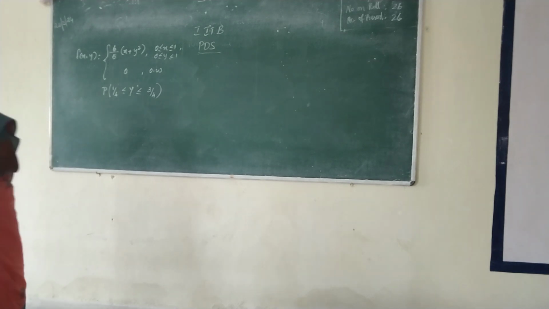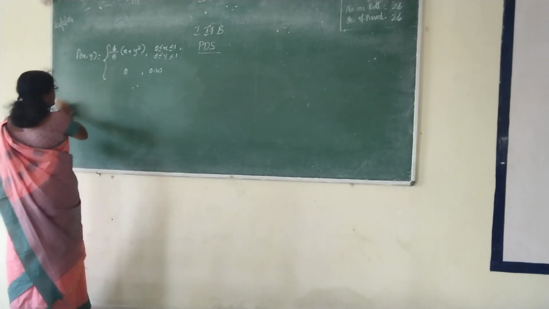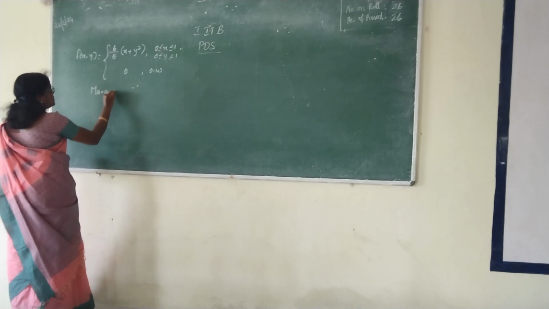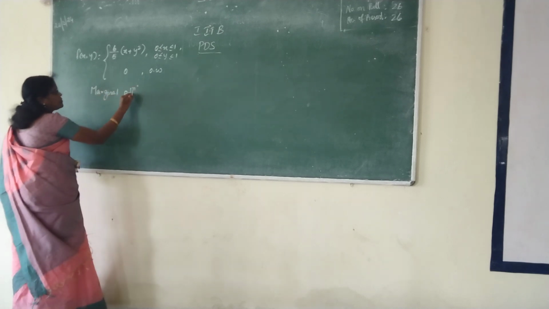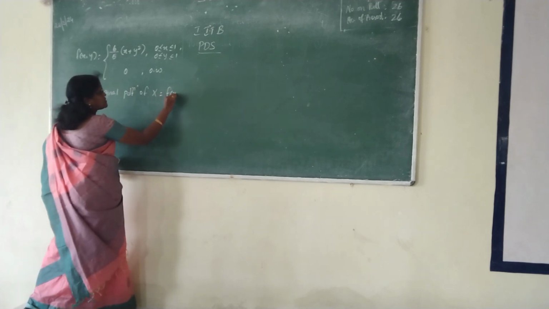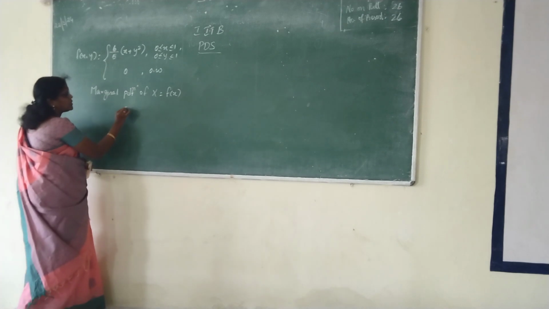So start the solution. Marginal PDF of x is equal to f of x. That is the notation. What is the formula?